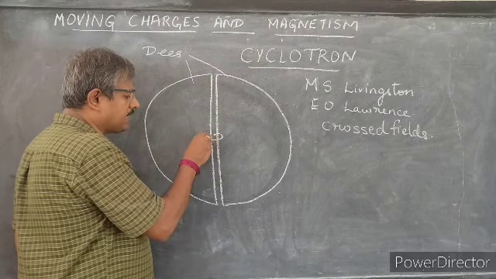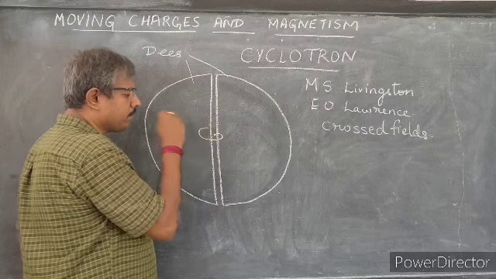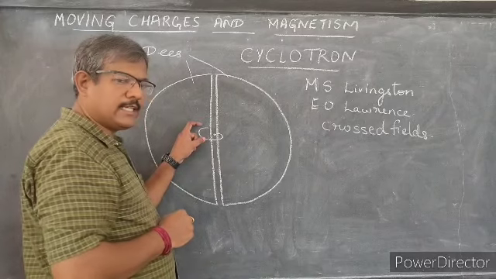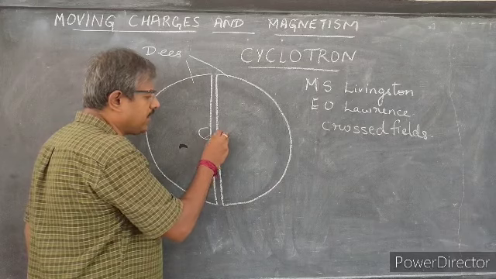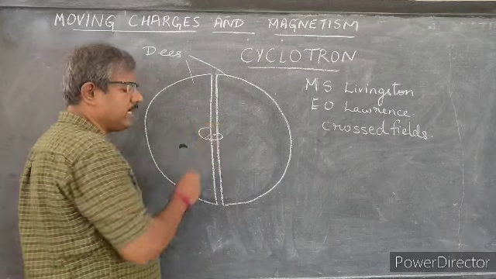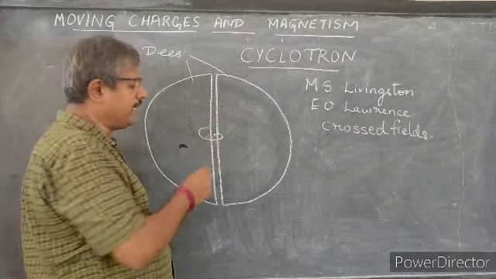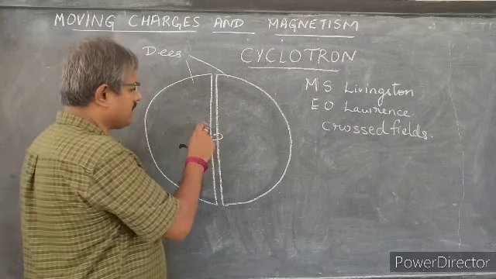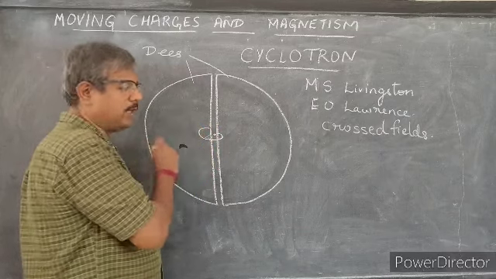So it again executes a semicircular motion, but this time the semicircle has a larger radius compared to the initial semicircle. Again, it reaches the interface and encounters the electric field, which is now applied with the polarity reversed, so that this particular plate is at a lower potential compared to this plate.